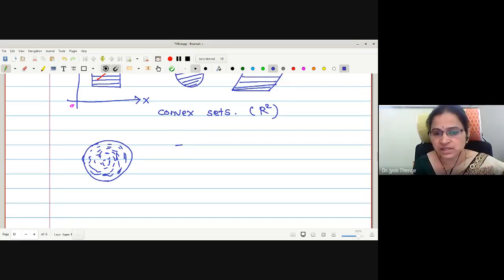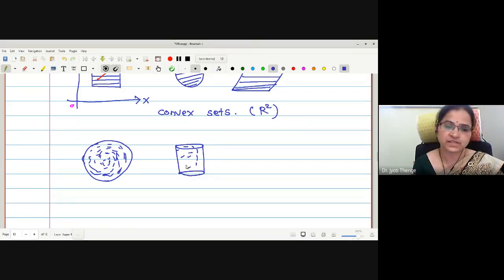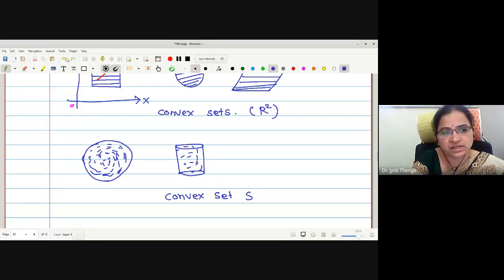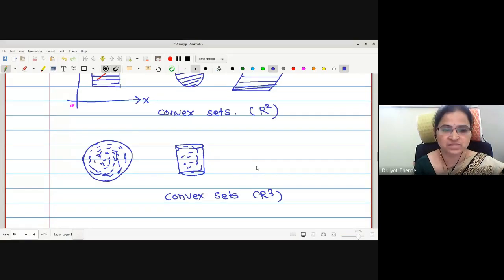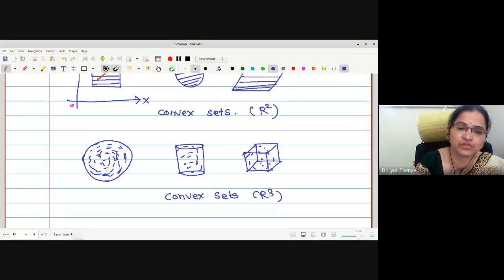If I consider a whole cylinder, yes, it is also convex. Therefore, these are examples of convex sets in R3 space. Can anyone tell me any other example in R3 space? A cube. Correct. A whole cube is also an example of a convex set in R3.